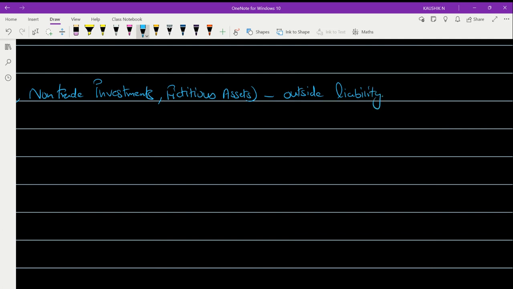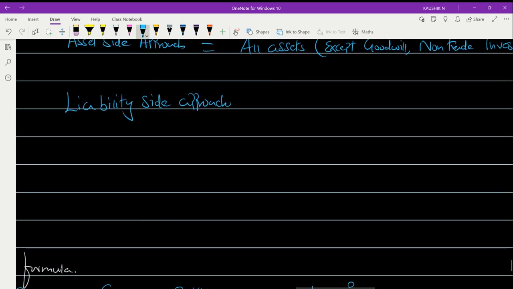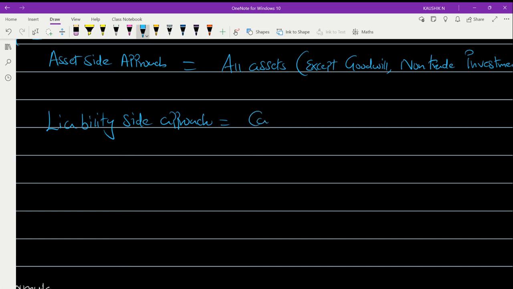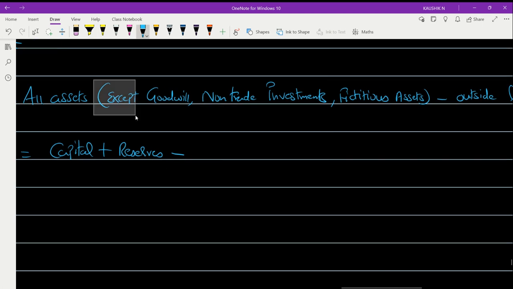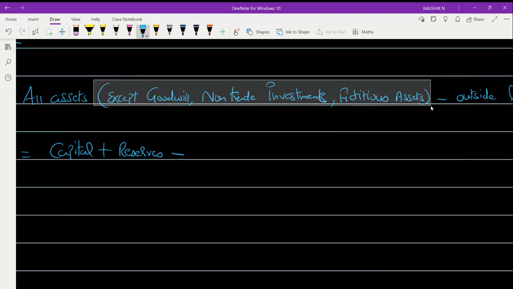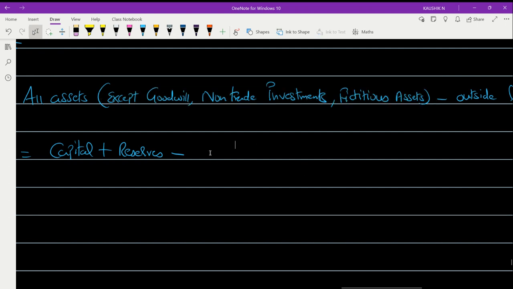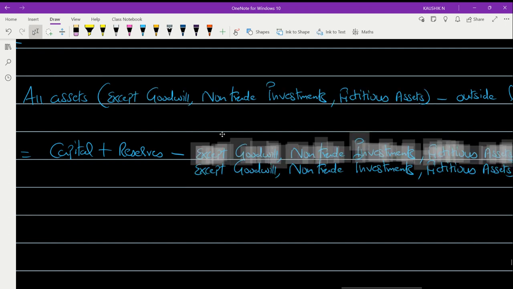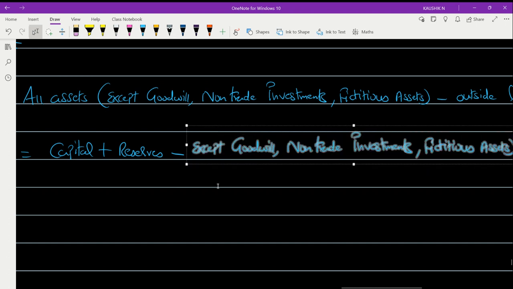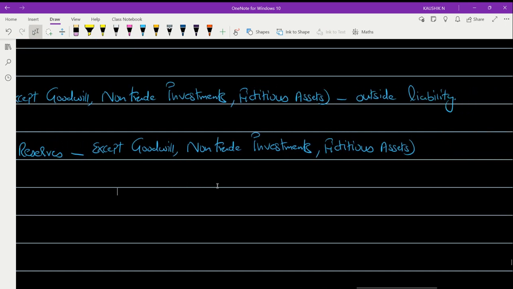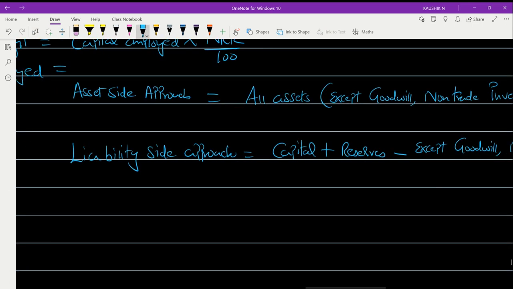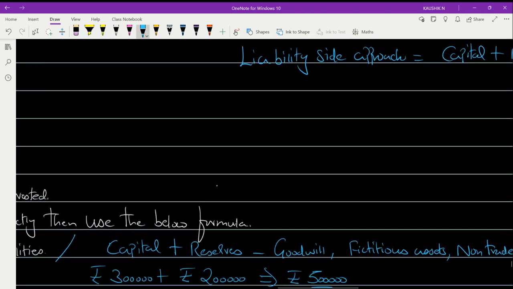Coming to the liability side approach, the formula is quite simple. The amount of your capital plus the amount of your reserves minus the same what is being mentioned on top. I'm just using this. So by this you come to the conclusion of your capital employed.